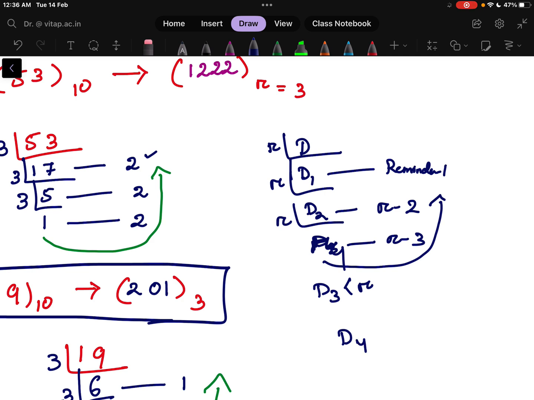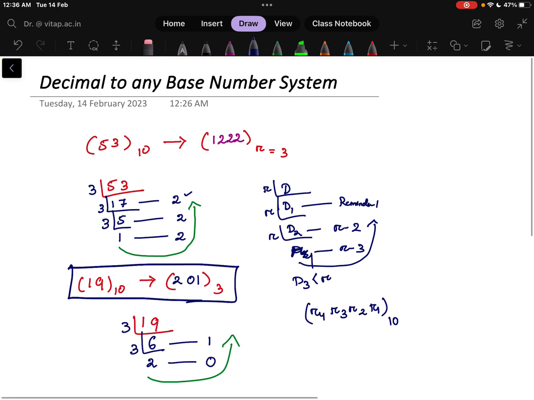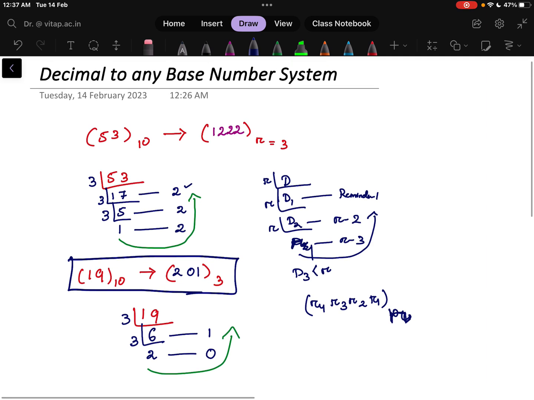So you have to write that as r4, r3, r2, r1 with base r. Okay. So this is how you can convert any type of decimal number to any kind of base number.